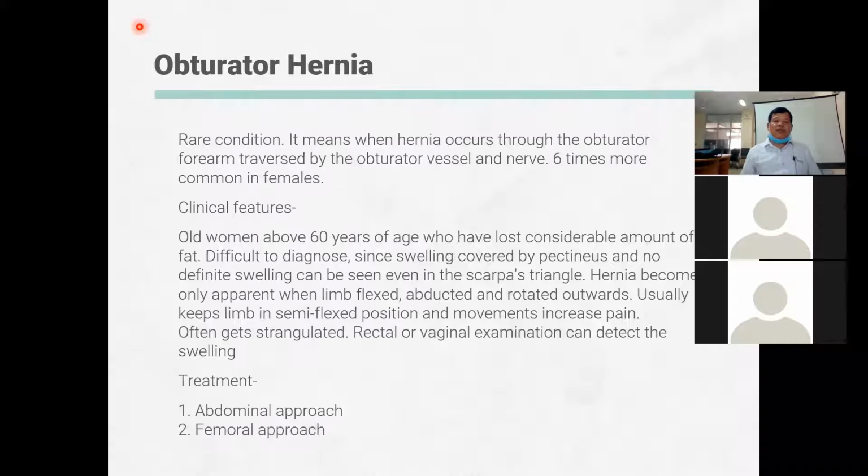So whenever such a hernia is detected, either complicated or non-complicated, before or with strangulation, it requires early operation, and we have to go for operation as soon as the condition is diagnosed because of fear of strangulation.